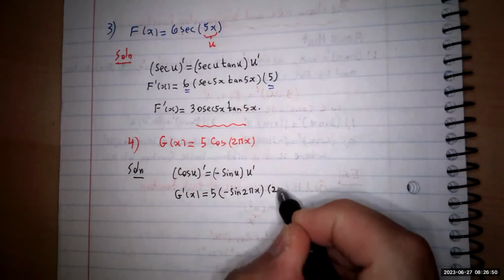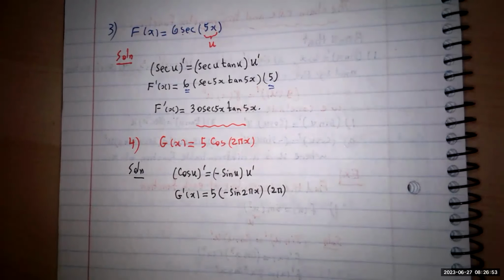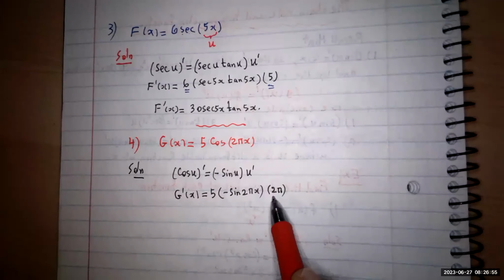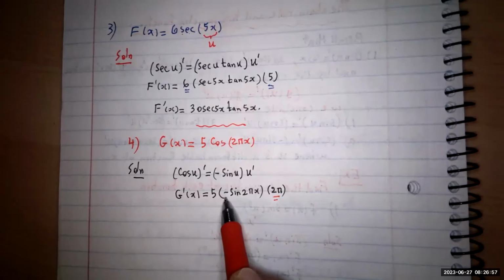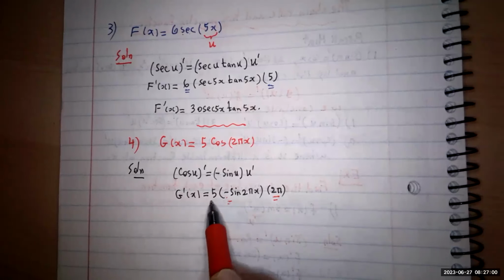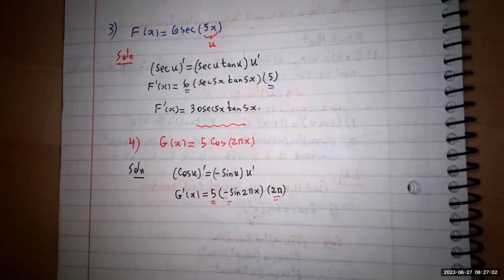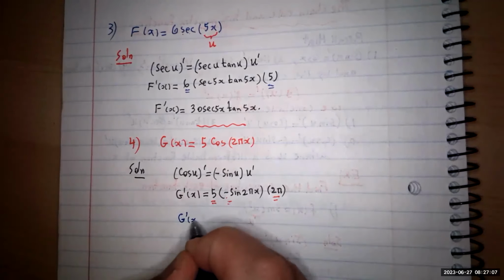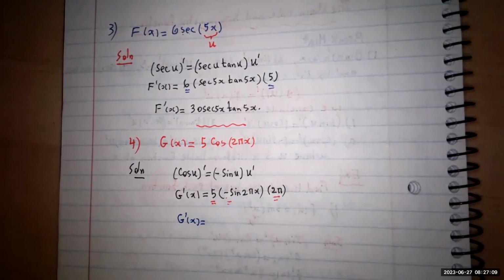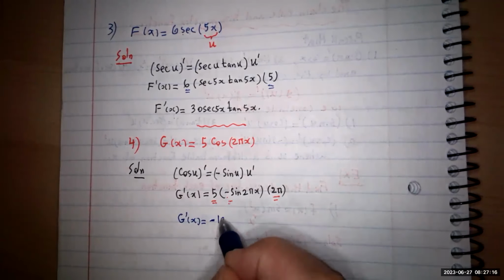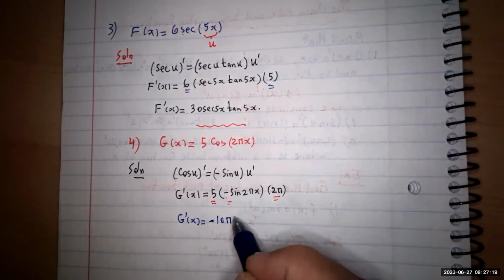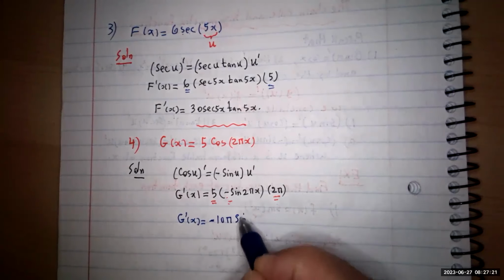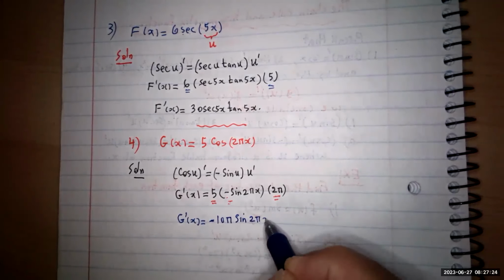But again, we have monomials. Look at this. We have a 2 pi here, a -1 here, and the 5 here. So you have to multiply all of them together to get the final answer. So g prime of x is equal to 2 times 5, 10, -10 pi sine of 2 pi x.